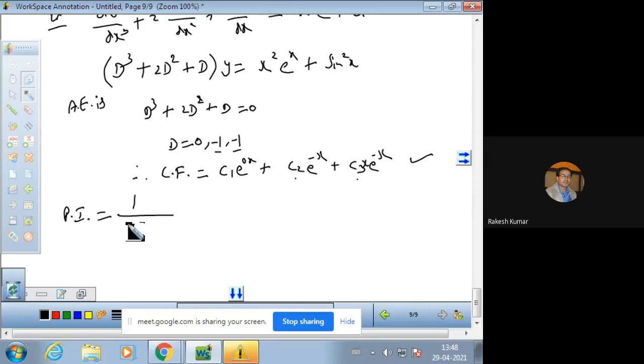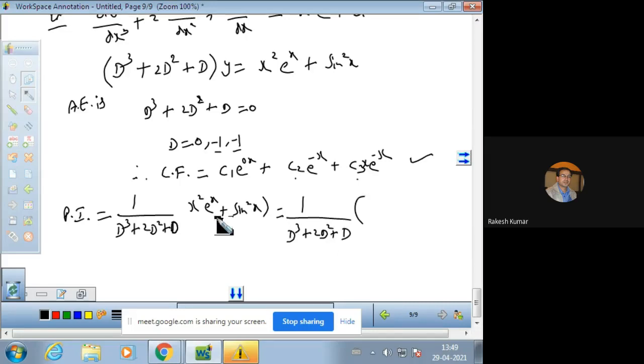So 1 upon d cube plus 2d square plus d, and inside we have x square e raised to power x plus sine square x. Now this term can be solved here.